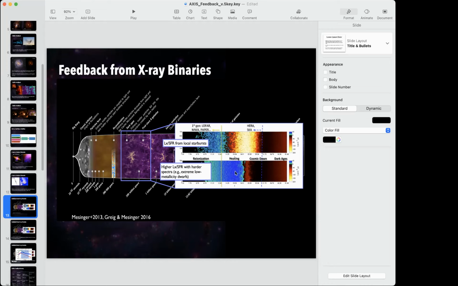The epoch of heating in this bottom scenario is abrupt, and the structure at reionization is less patchy. We emphasize that both the shape of the spectrum and the normalization LX over SFR are important for these cosmological milestones.